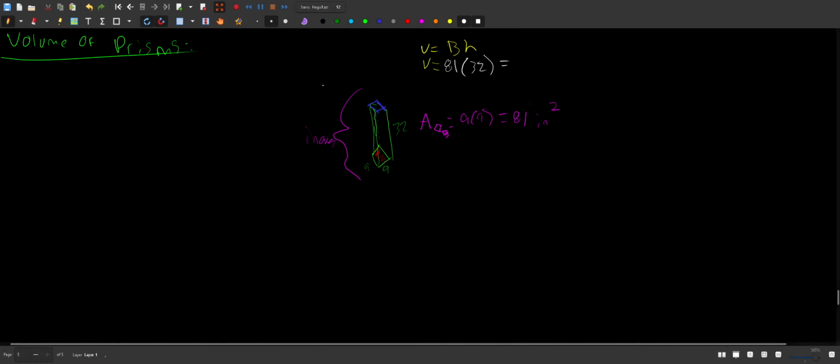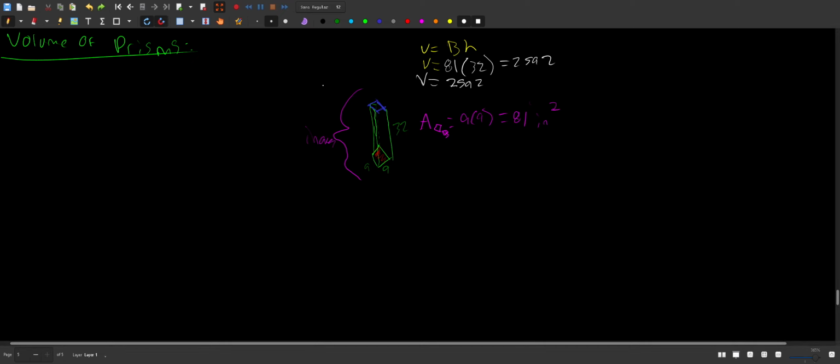So volume is equal to 2592 inches cubed for volume. And there is our answer.